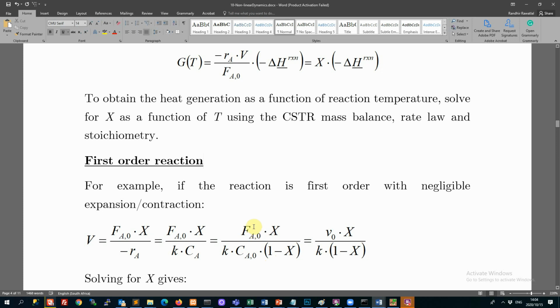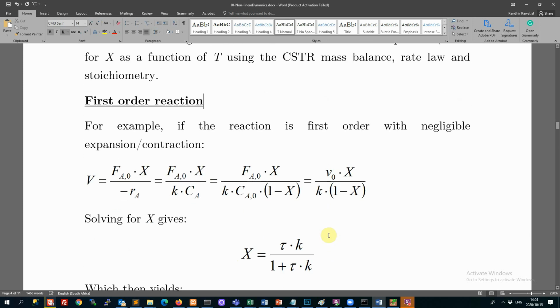That's equal to the concentration CA naught times the volumetric flow rate, Q. Then CA naught can cancel with that CA naught, leaving us with just the Q part there. And then we can divide this volume by Q, and remember V over Q is tau.